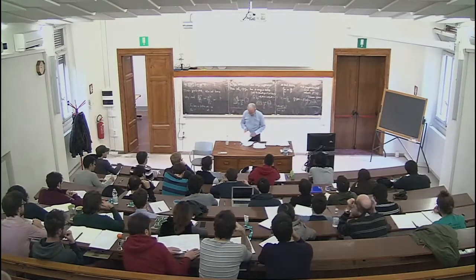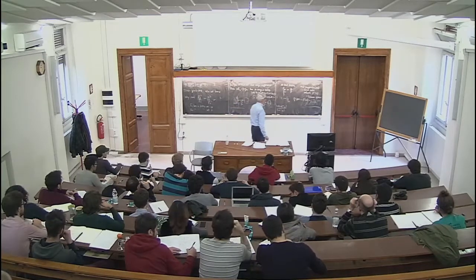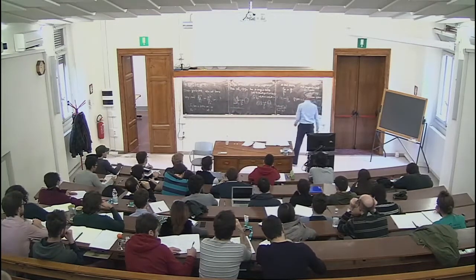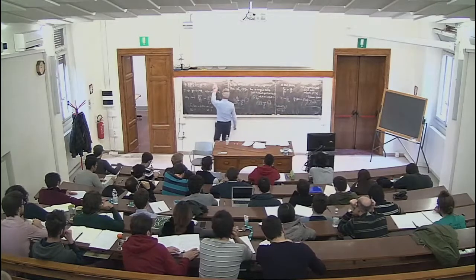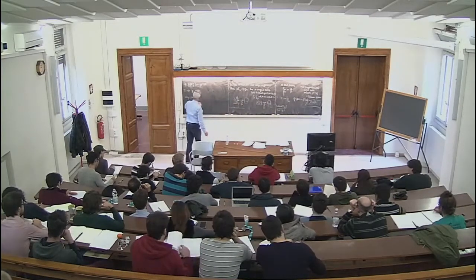So J is really a kind of fundamental object in terms of geometry, but it also has all sorts of other amazing connections.